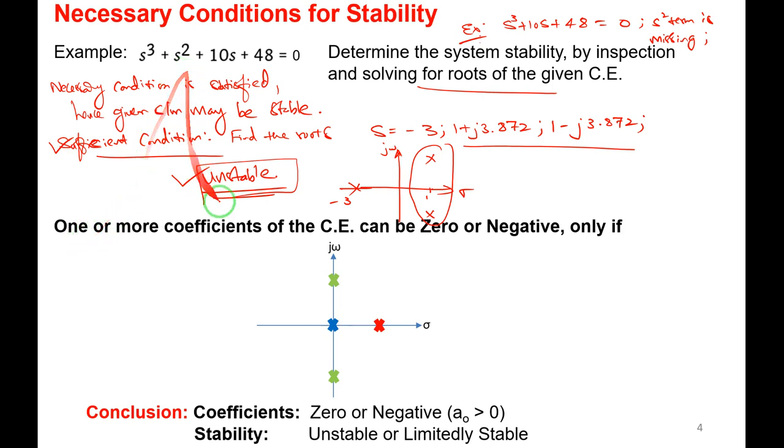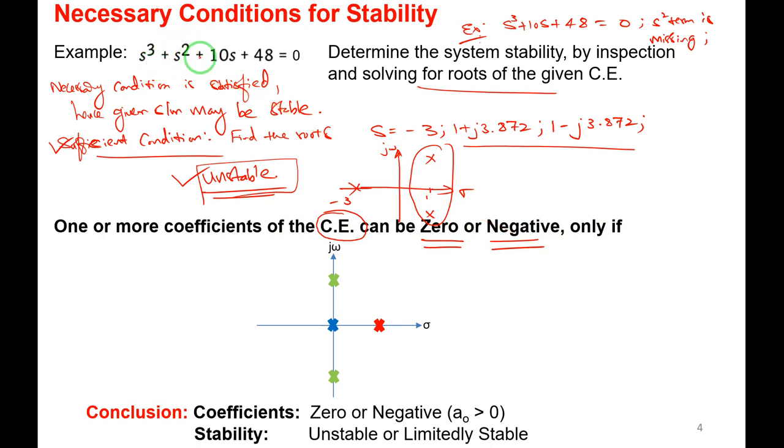Okay. Then I have the characteristic equation. I am using the short form CE. CE means characteristic equation, right? One or more coefficients of the characteristic equation can be 0 or negative. There are three possible cases when the coefficients of the given characteristic equation can be 0 or negative. The s square term is missing means one of the coefficients is 0.